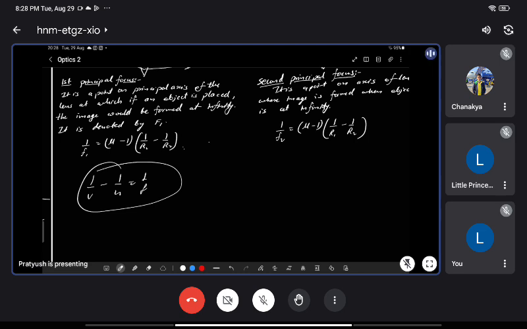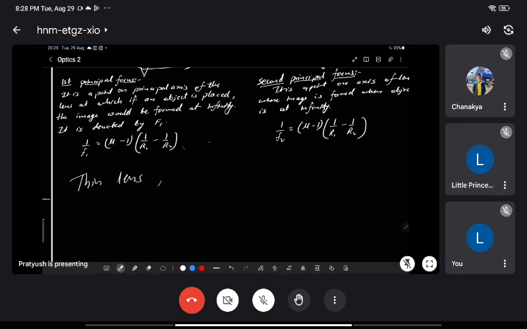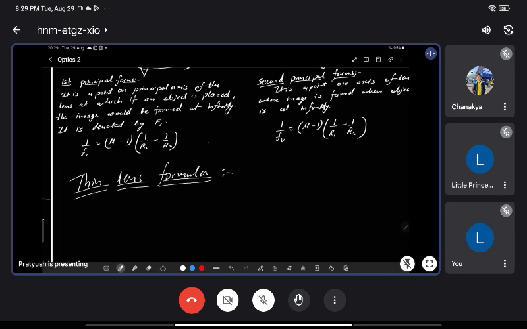When such a lens is available to us, we can use this lens formula for that lens. So actually, it is not only a lens formula; it is a thin lens formula. So write down the heading: Thin lens formula.